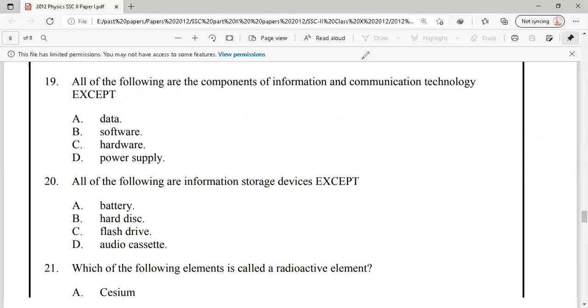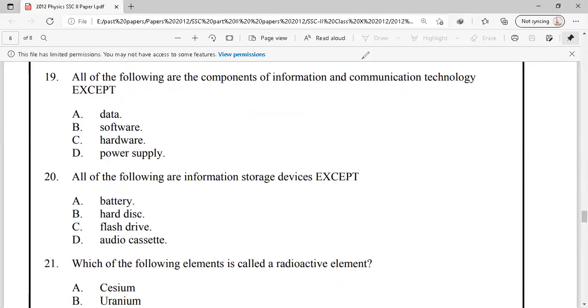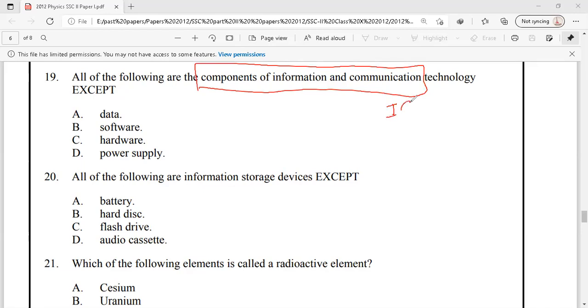Let's come to our next question, that is question number 19. All of the following are the components of information and communication technology, except for one.